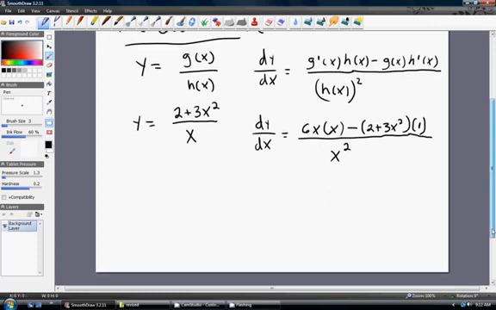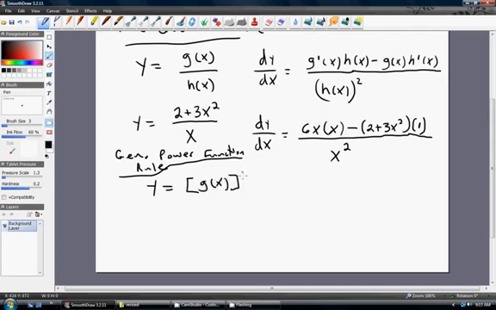Let me do another rule here called the generalized power function rule. With the generalized power function rule, I'm going to write it in the basic format like this. Some function here, g of x, is raised to the power n.